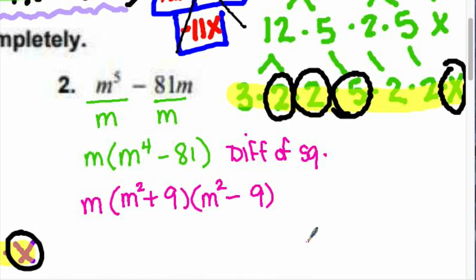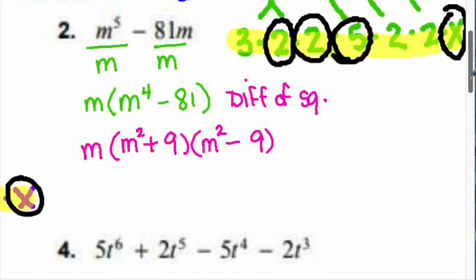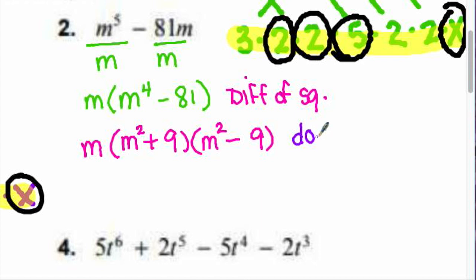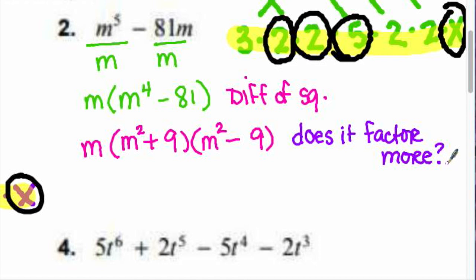Now, with these higher polynomial degrees, like what we have here, we've gone through and done the work to factor, but then we have to look to see, does it factor further? Okay, does it factor any more or does it factor further? Well, m is m is m.